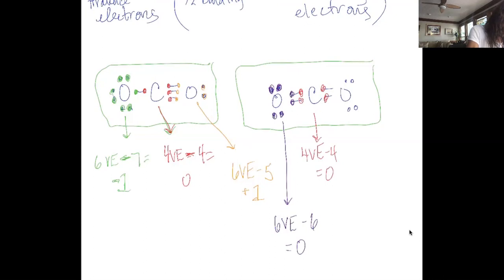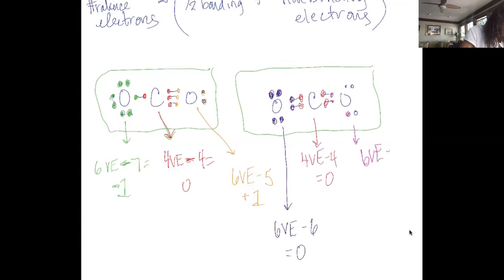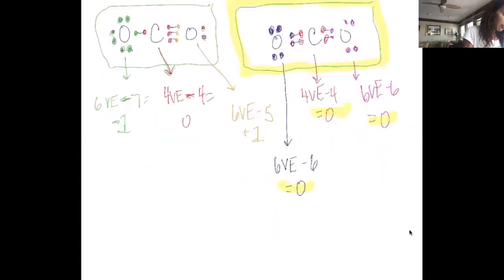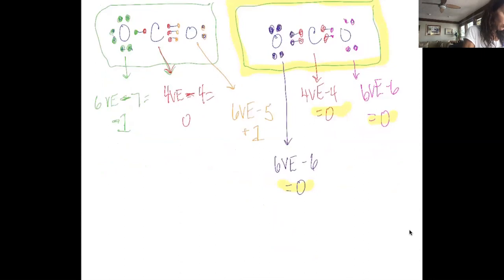And then the other oxygen here has 6 valence electrons minus 1, 2, 3, 4, 5, 6. So that gives us a formal charge of 0. So this is a no-brainer, right? We've got formal charges of 0 for all elements when the Lewis structure looks like this. So this is our best Lewis structure. He is the winner, okay?